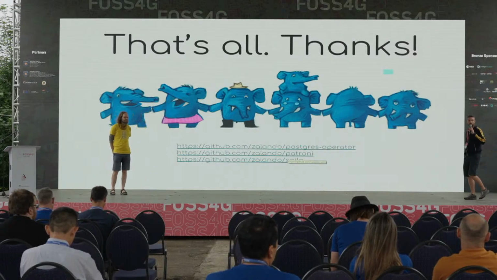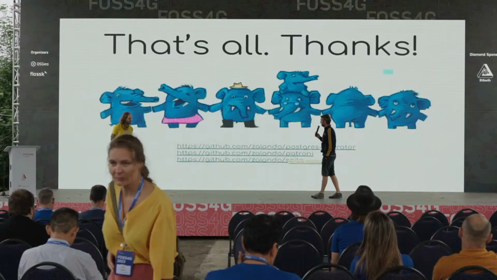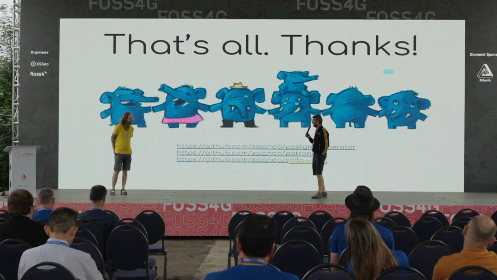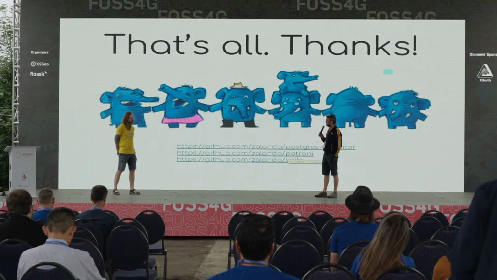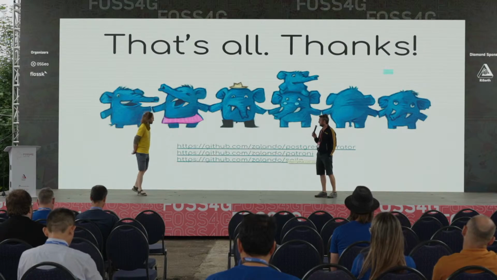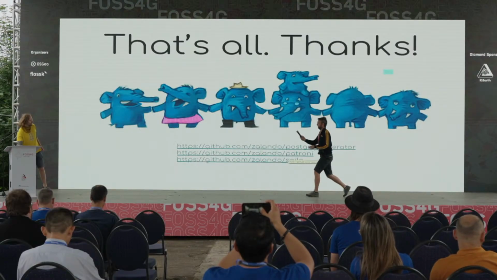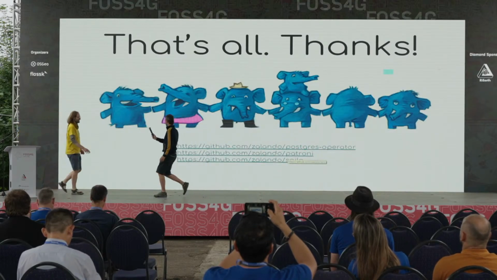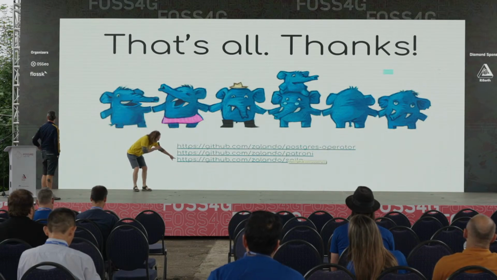Any more questions? So I have a question. You said that everything is automated, right? And you have some script inside Docker images? Yeah, the link is not fully visible now, but this is the Docker image that we use.